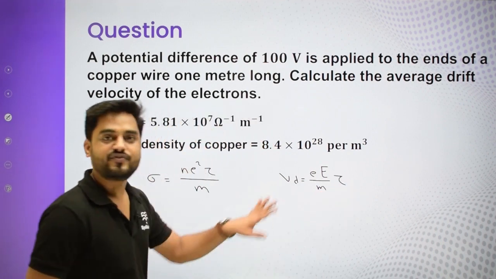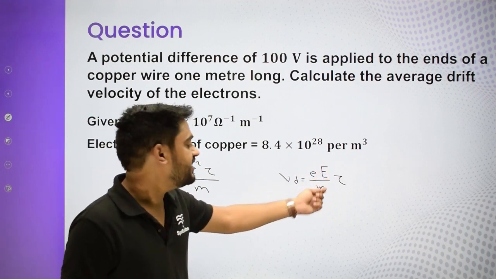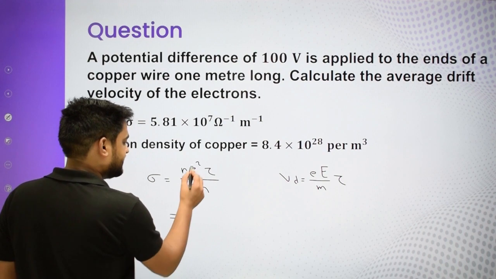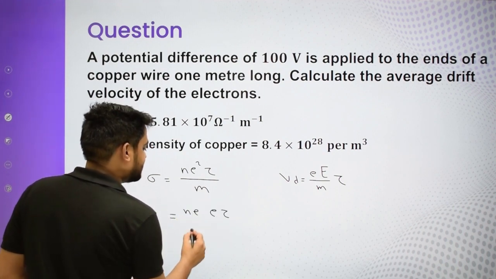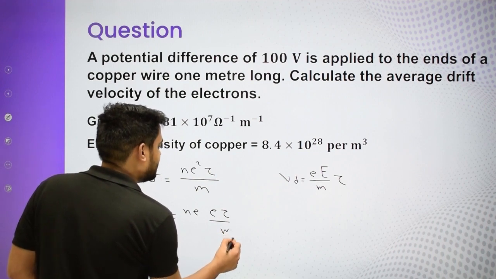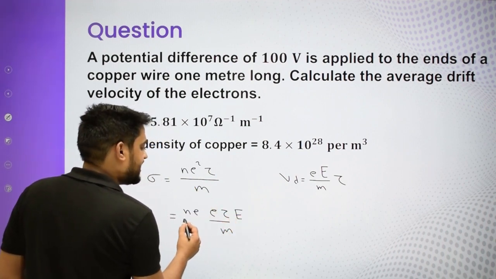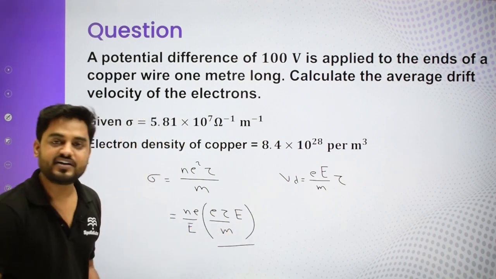So this is my drift velocity. Here, if electric field is not given, what I can do is simply write this as n e, and tau I am leaving this side, divided by m also over here. I'm just multiplying with this e and dividing with this e. So what is this? This is eventually my drift velocity.